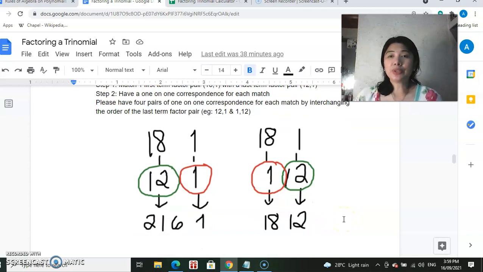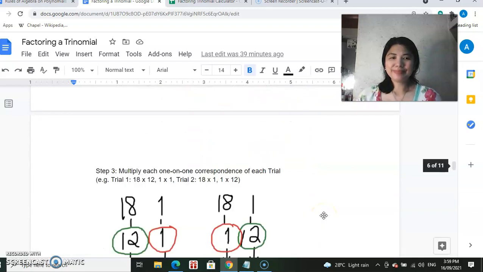And then we are going to multiply the pairing, the matching, the one-on-one correspondent pairs. So 18 times 12 is 216. And then 1 times 1 is 1. And then find again the products of the one-on-one correspondent pair. So 18 times 1 is 18. And 1 times 12 is 12.